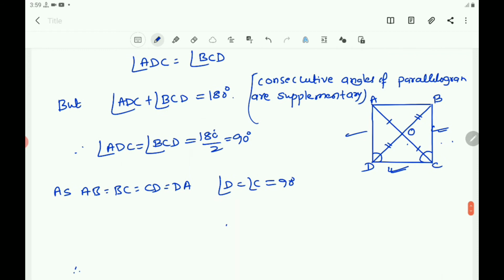You can say that ABCD is a square. All angles are equal to 90 degrees and all sides are equal. Therefore, ABCD is a square.